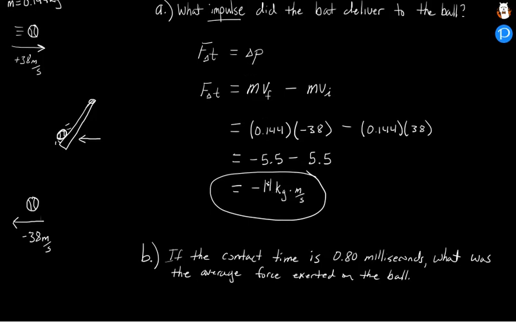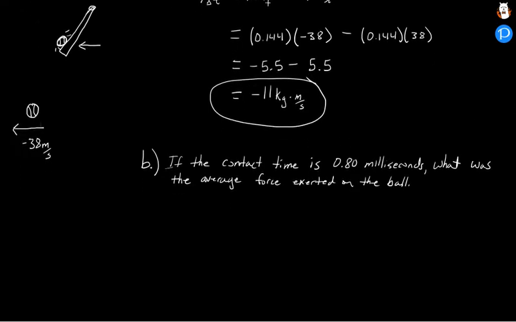We just solved for the change in momentum, so I know this part of the equation. I know the change in time, it's 0.8 milliseconds. So I have these two variables, so I can just solve for the force. Simple as that.